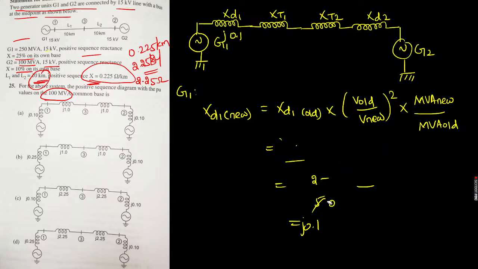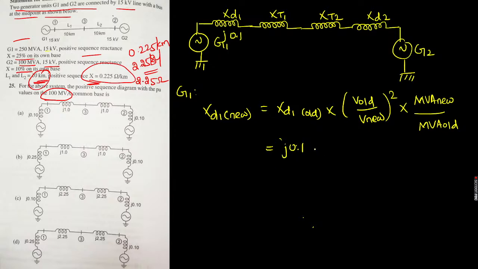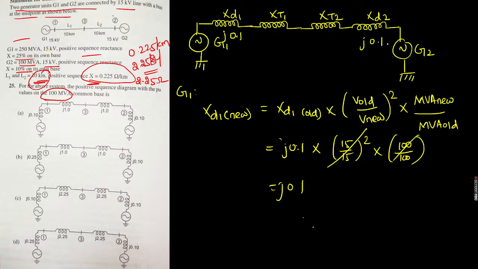I will do it properly. Substitute the values now. For generator 2, the reactance is given as 0.1 into 15 by 15 whole square into 100 by 100. So everything is cancelled out. Again we are going to get j 0.1 only. So this is also j 0.1.